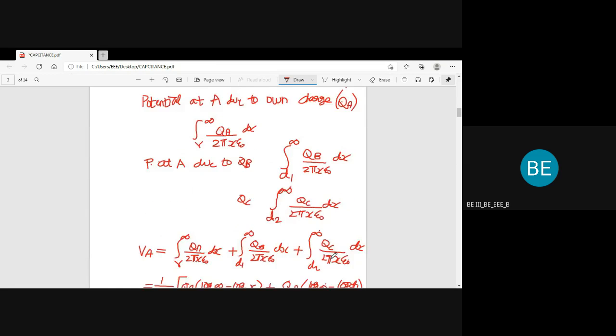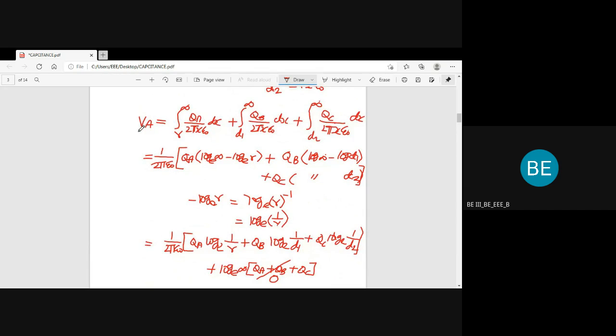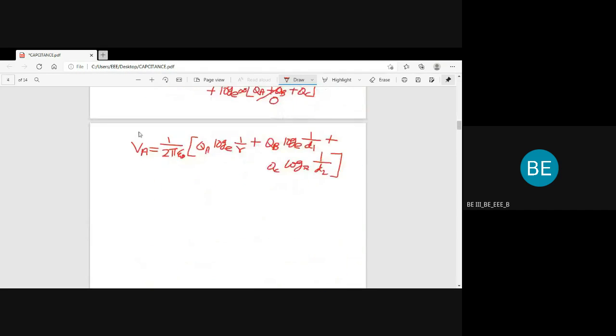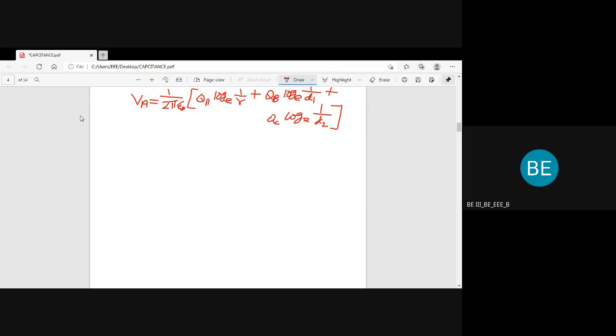So what we have determined is the potential difference of conductor A. We are here to determine the capacitance, so we have to derive the capacitance. First we are going to see the capacitance of a single phase two wire line.